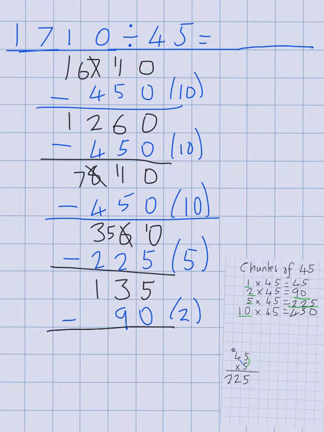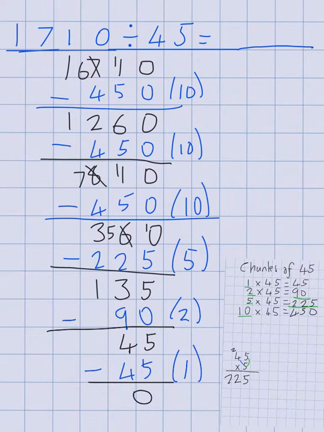And if I go and subtract, 0 from 5 leaves 5. 9 from 3 I cannot do, so it becomes 9 from 13. 9 from 13 leaves 4. Now we're down to 45, and without even needing to refer, I know that that's simply one chunk of 45. I go ahead and do it, subtract it, and I'm left with 0.